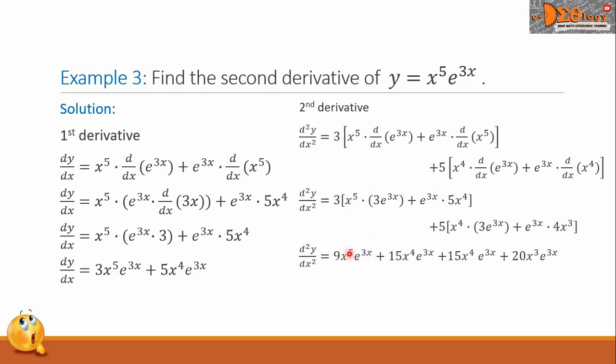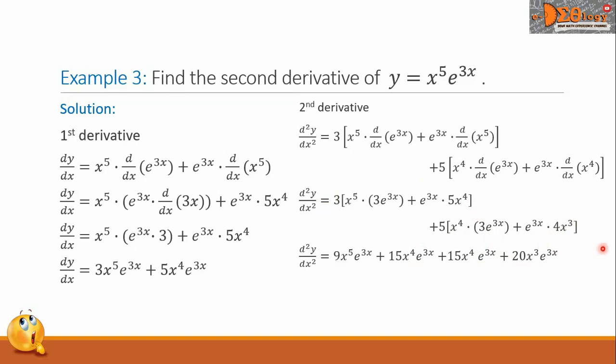So we will have this 9x raised to 5 e raised to 3x plus 15x raised to 4 e raised to 3x. The first two terms here correspond to this group, plus 15x raised to 4 e raised to 3x plus 20x cubed e raised to 3x. The last two terms here correspond to this group.